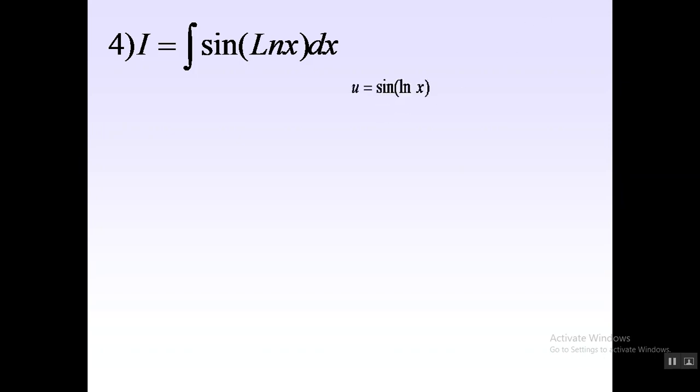Let's see one more question. I equals the integral of sine of ln x dx. So there is only one choice. We have to consider u as sine ln x and dv as dx. So we take the derivative on this side.